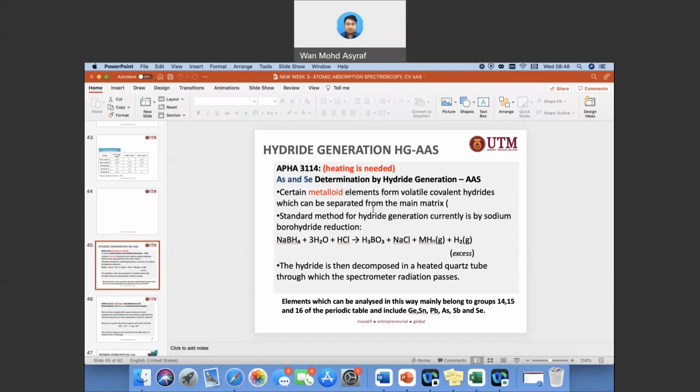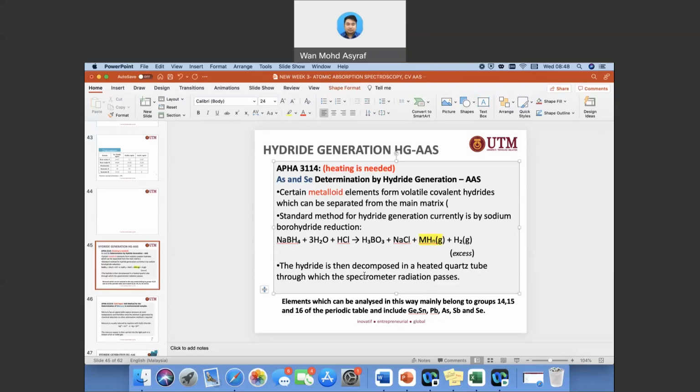This is a standard method for hydride generation, which uses sodium borohydride as shown in this equation. Sodium borohydride is added with water and sodium chloride, so you would get the metal hydride in a gaseous form.